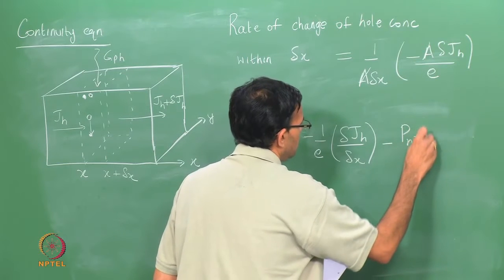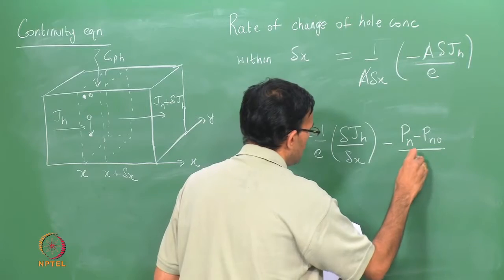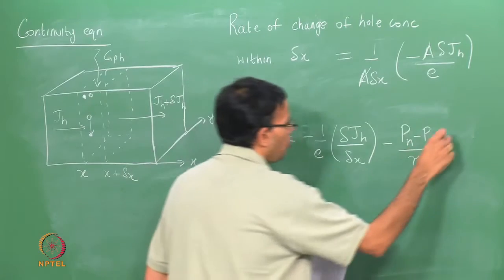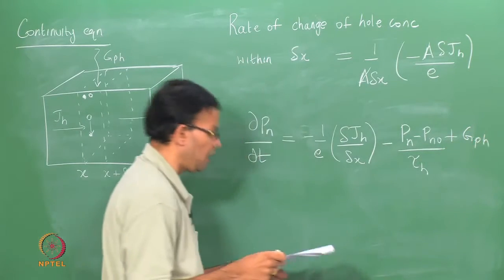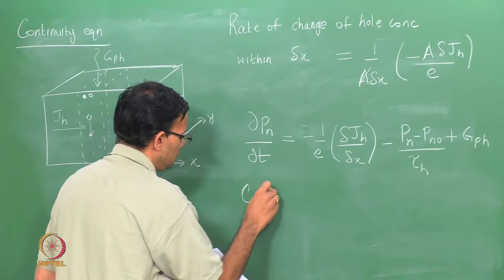So, Pn minus Pn naught, which is your excess holes, divided by tau h, plus the holes that are generated, which is GPH. So, this equation is called your continuity equation.